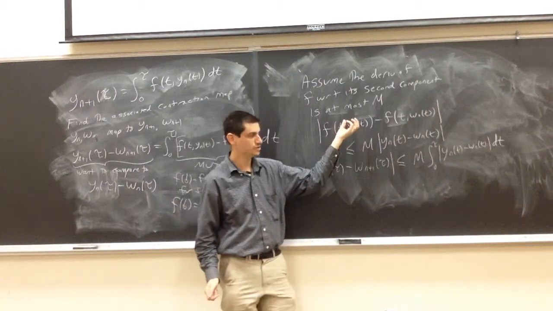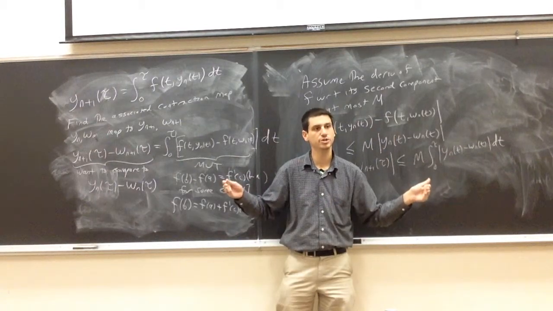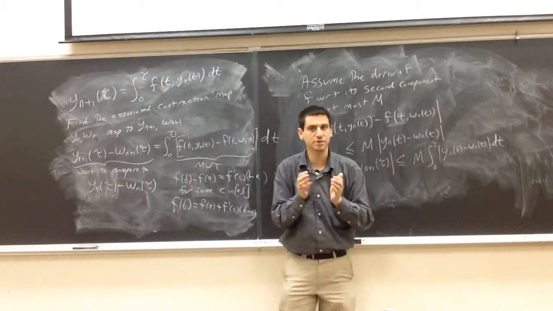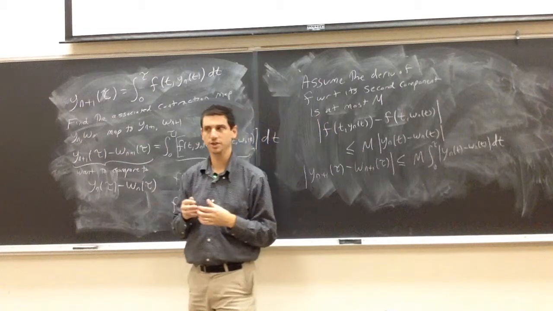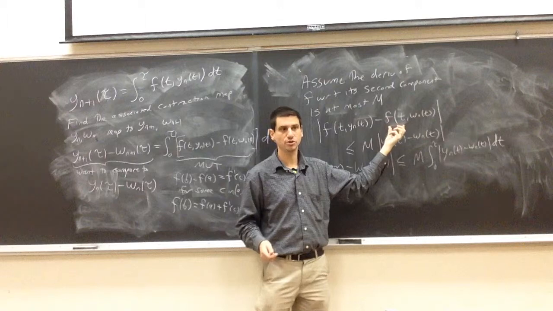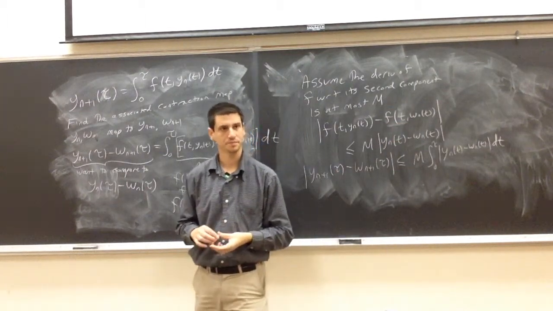And depending on how large m is, that will affect how big of a solution you can have. The bigger m is, the worse things are, and the smaller the interval in which you are guaranteed to have a solution. The smaller m is, well then, the closer these are going to be to each other, and not surprisingly, the larger the region you will get.